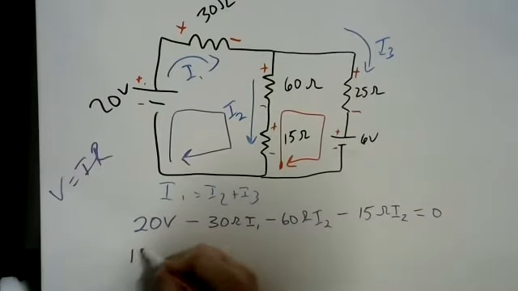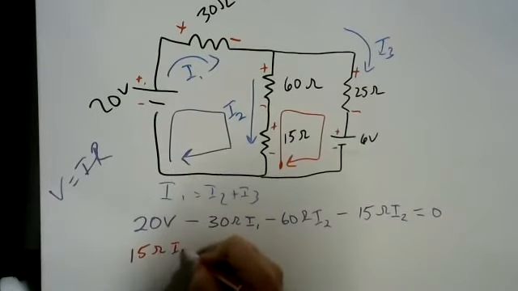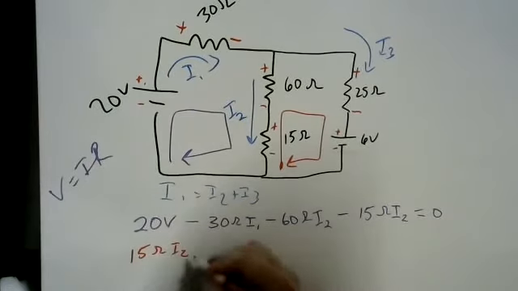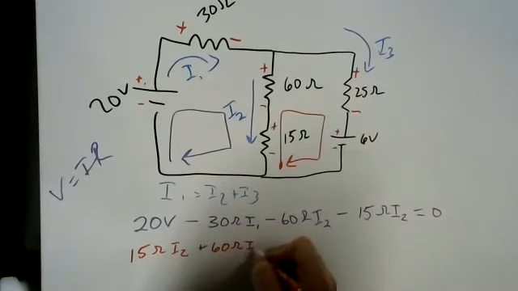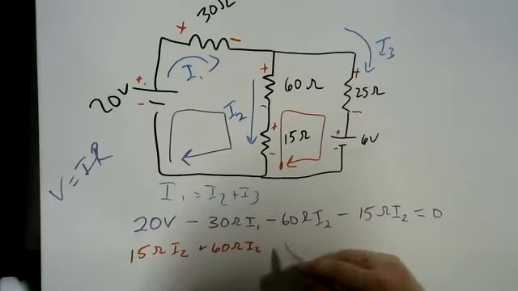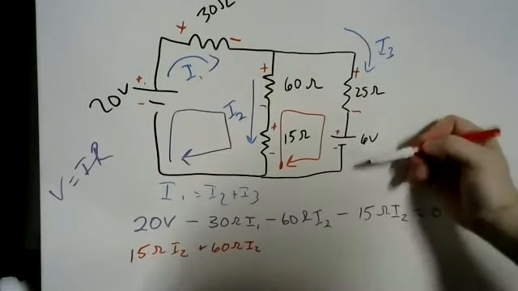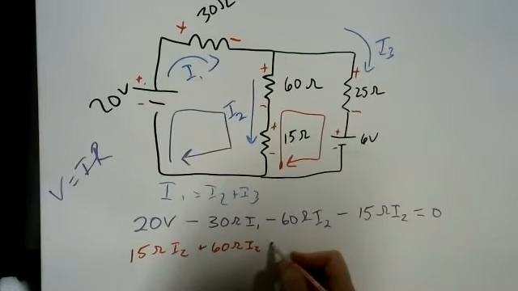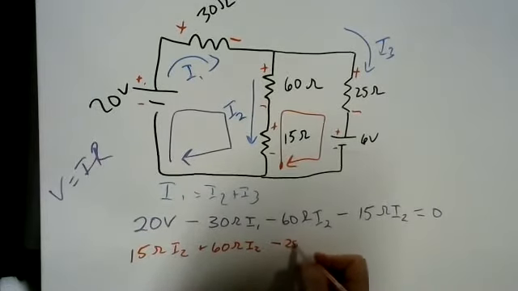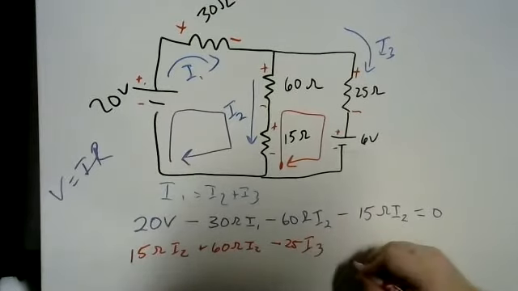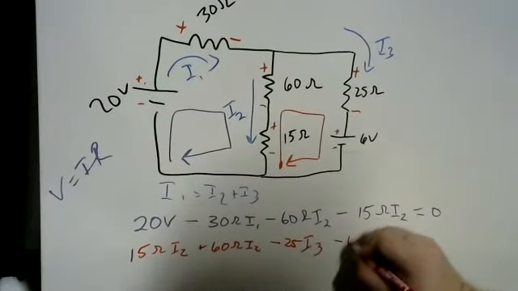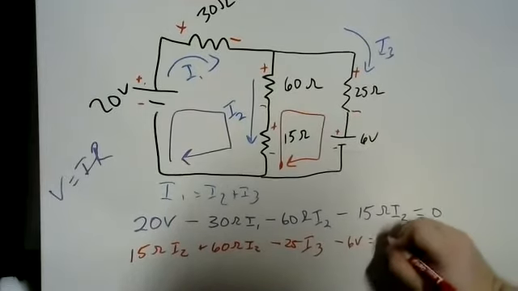So we'll have 15 ohms times I2. And then we go negative to positive plus 60 ohms times I2. And then we fall down this other side. So minus 25 I3 and minus 6 volts is 0.